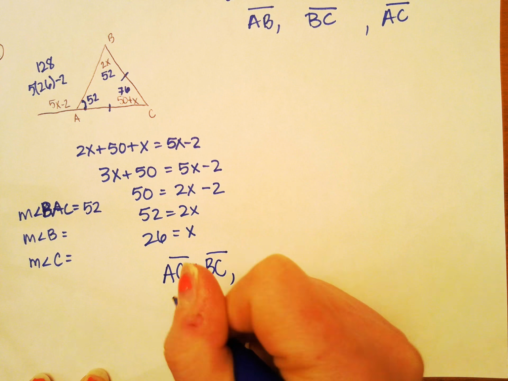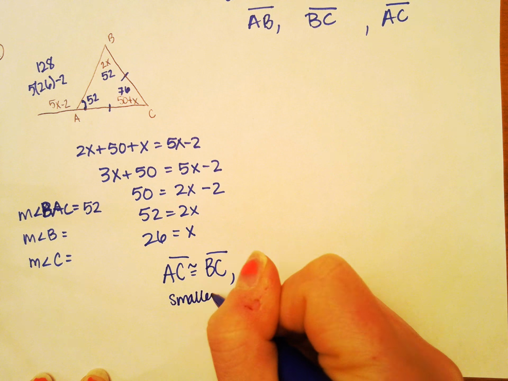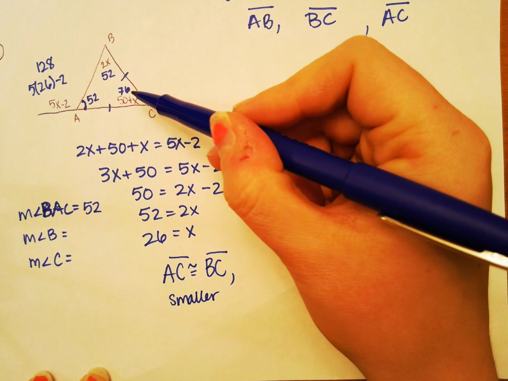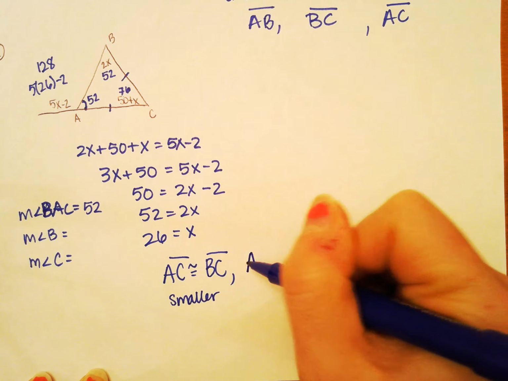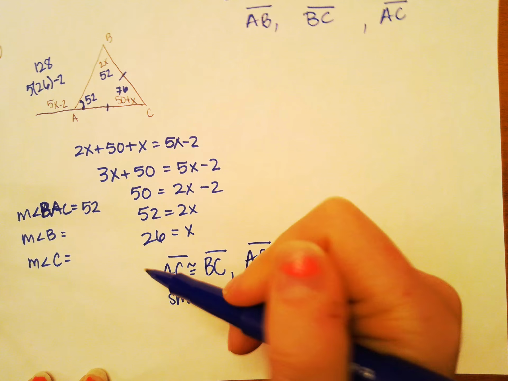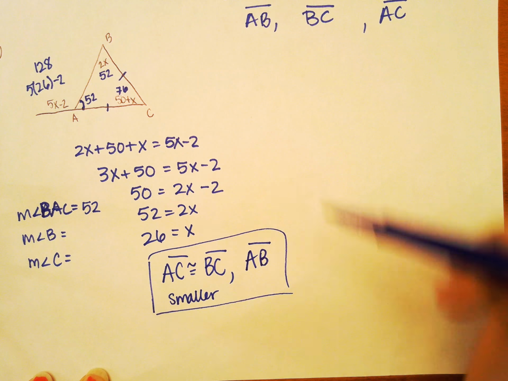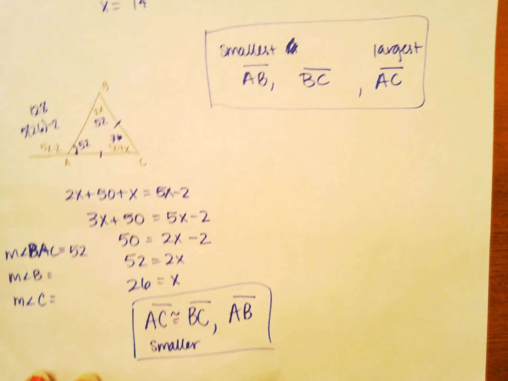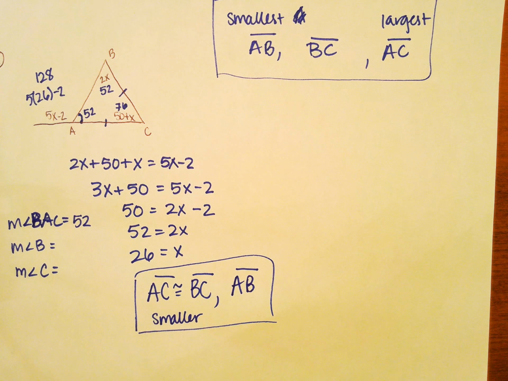And then my largest has to be across from my larger angle, which is 76. So that means that AB has to be my largest side length. So that would be my answer for that one. It's a little bit weird because we've been listing them in lists before, but for this one, since we have the two congruent or two equal sides, our list actually looks something like that.